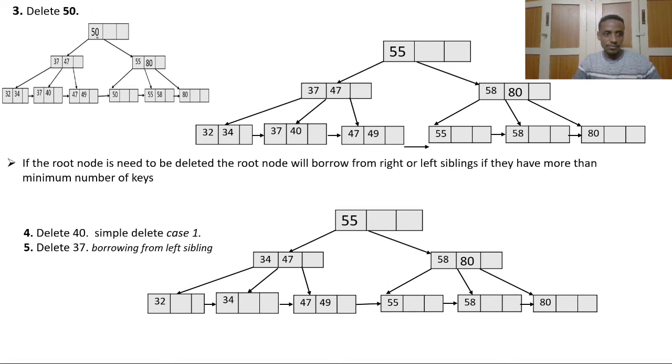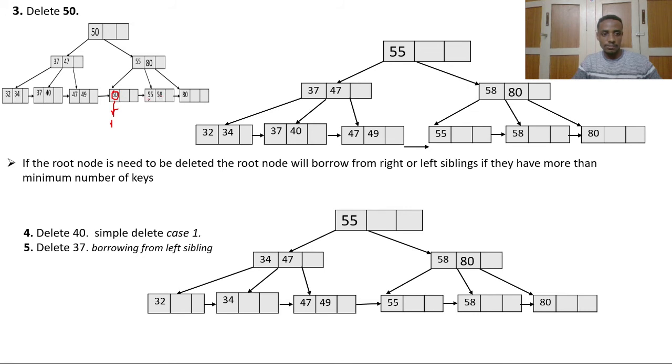Delete 50. 50 is the root node here, the first root node, and it is also present at the leaf node. So first we will delete it here, and if we delete it here, its value is a B plus tree node. B plus tree should have a minimum of 1 key value for order of 4 in this given condition. So we have to borrow 55, and the next node will be 55 and 58.